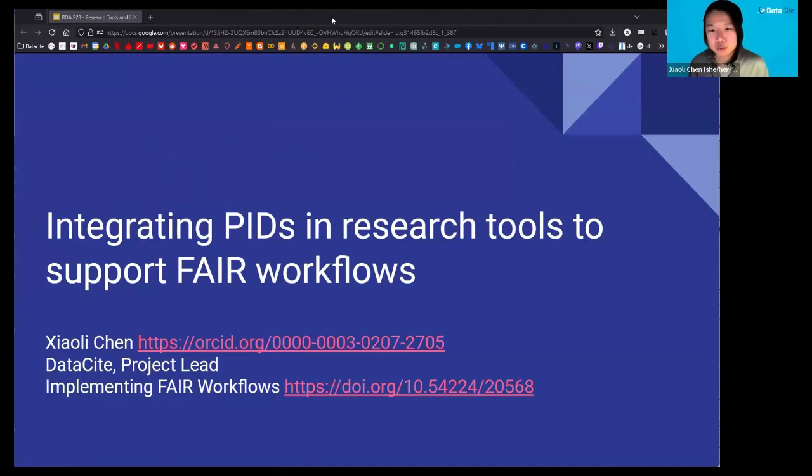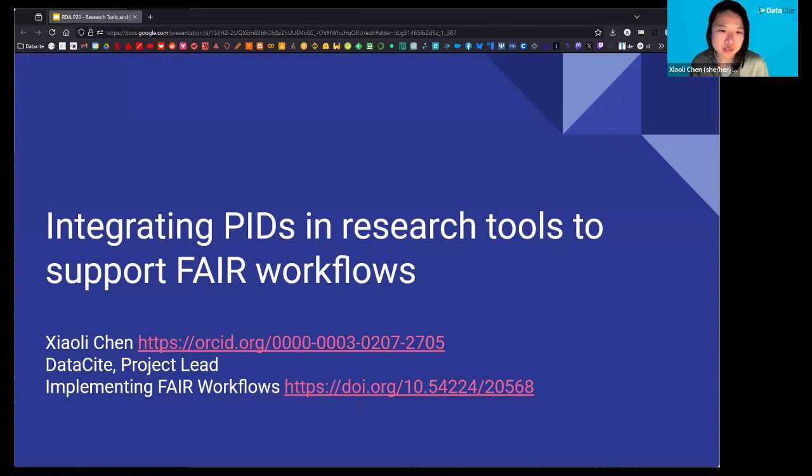Thanks for the opening and introduction, Vida, and thanks for inviting me to share a little bit from the perspective of the FAIR Workflows project that I'm leading at DataCite. I will come at this from a persistent identifier point of view.